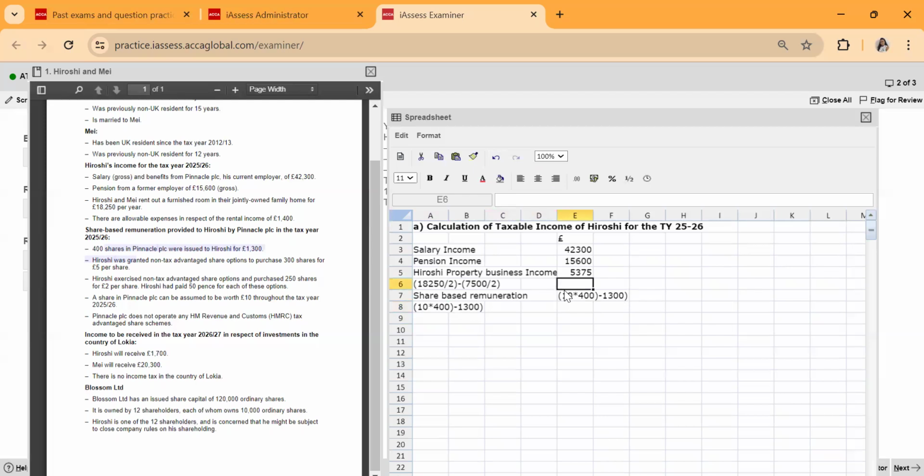It will be 4,000 less 1,300. Why is it not coming? Okay, bracket issue. Right? So share-based remuneration is 2,700.